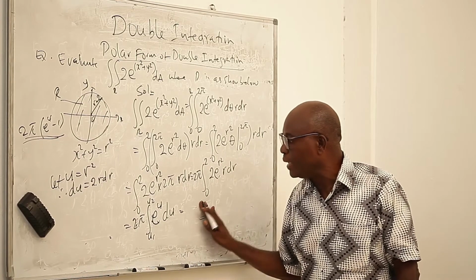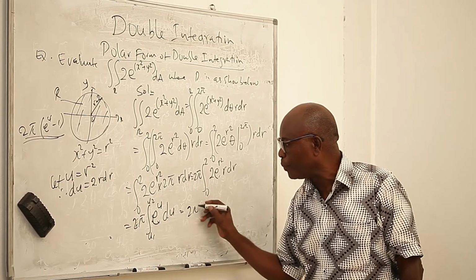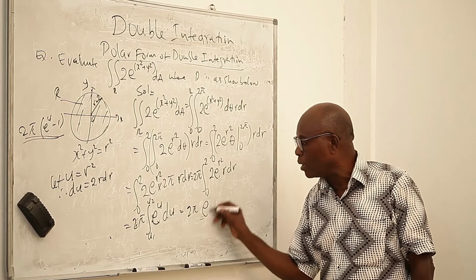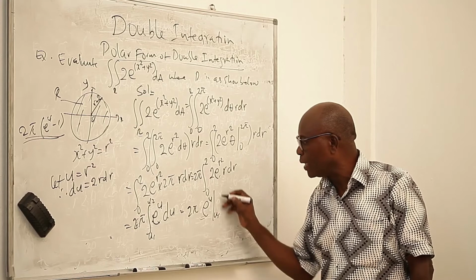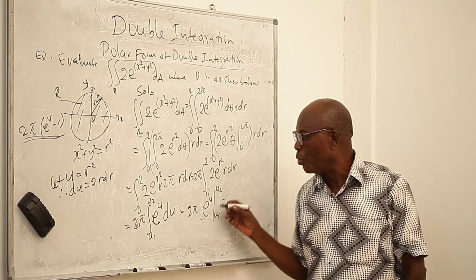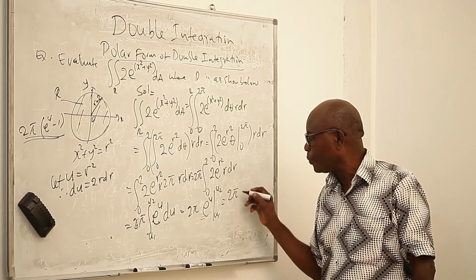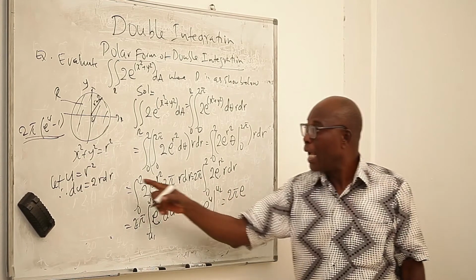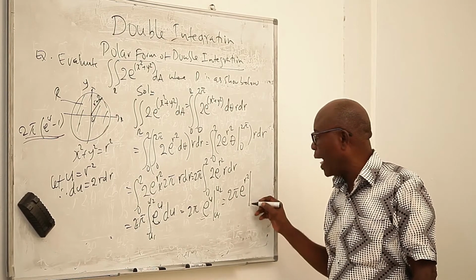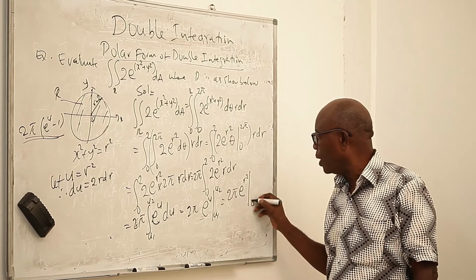And so when you integrate this, you get 2π, and if you integrate e^u, you get the same thing, e^u from u1 to u2. And let's resubstitute the value of u. So we have 2π e^(r²), and r starts from 0 to 2.